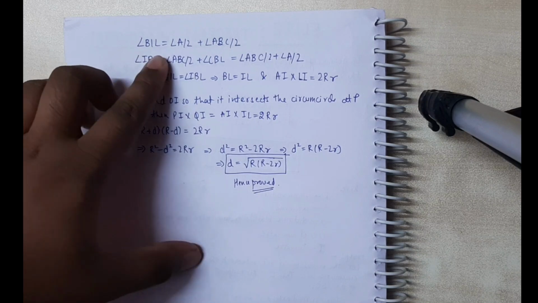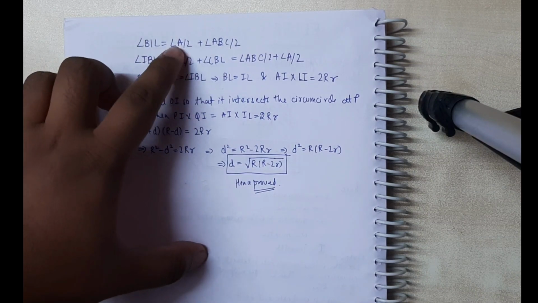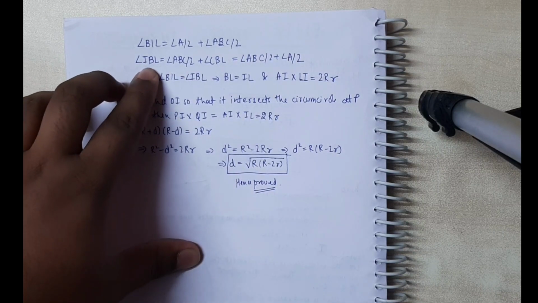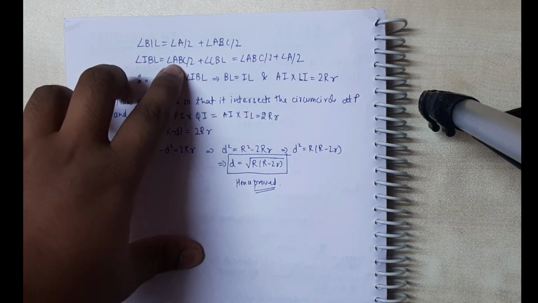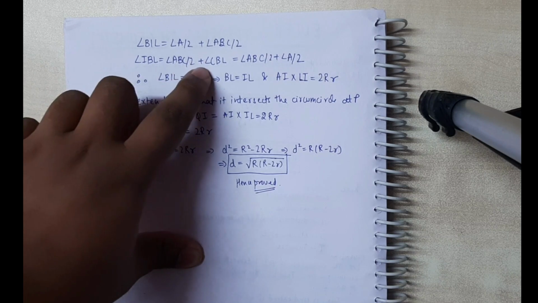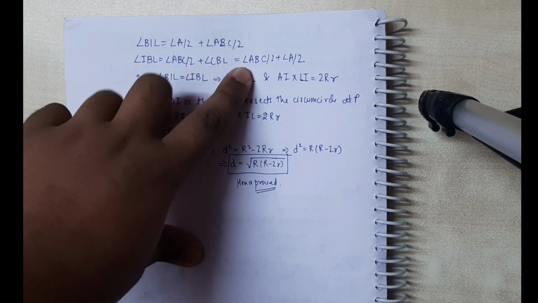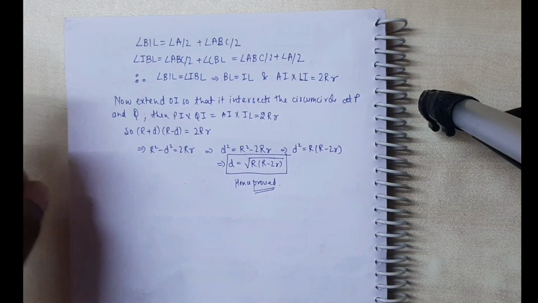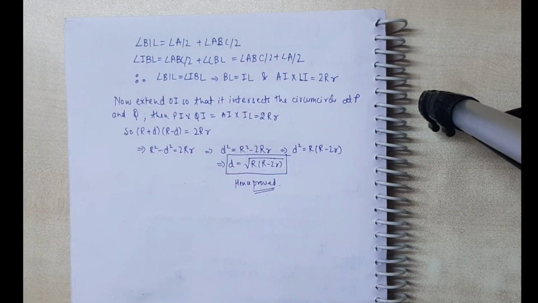Now, angle BIL was equal to half the angle A plus half the angle ABC. The angle IBL was equal to half the angle ABC plus angle CBL, which was equal to angle ABC by 2 plus angle A by 2. This implies that angle BIL was equal to angle IBL, which implies BL was equal to IL.